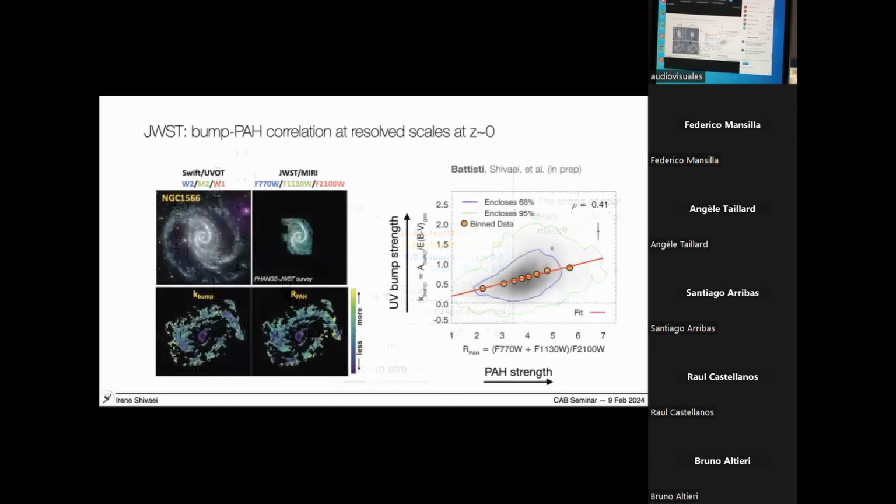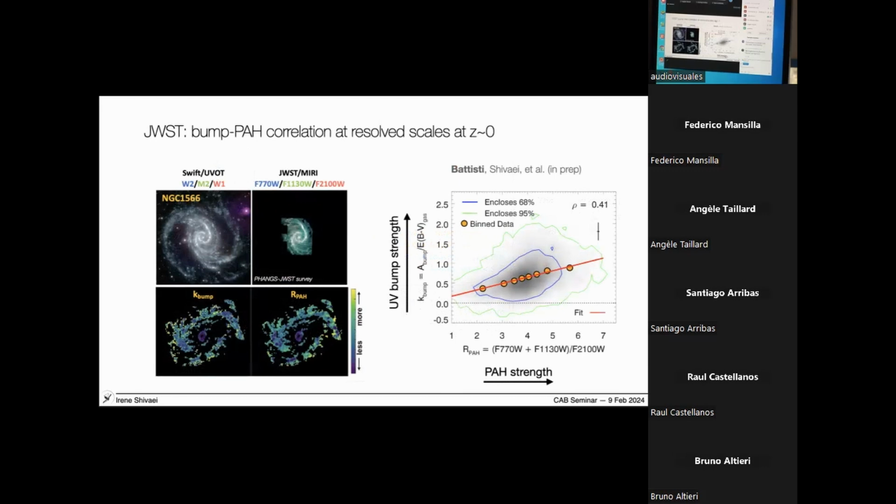Now, with James Webb, we can look at similar trends, but at a much better resolution, 100 to a couple of 100 parsec resolution in the local universe at redshift 0. So this is ongoing paper work from one of my colleagues where we're looking at FANGS data.